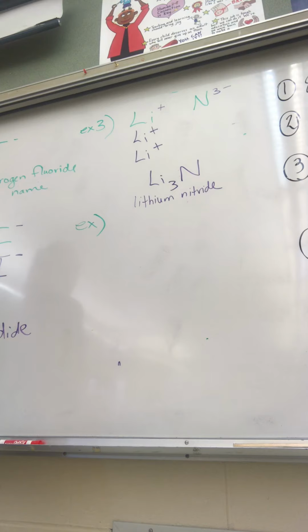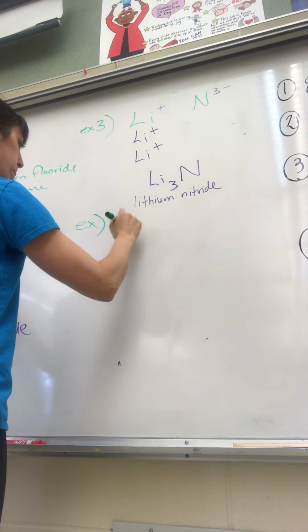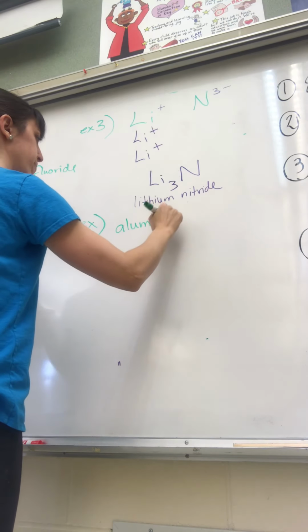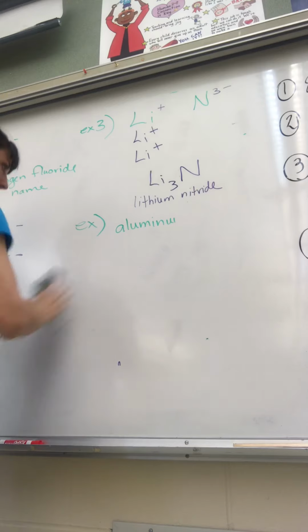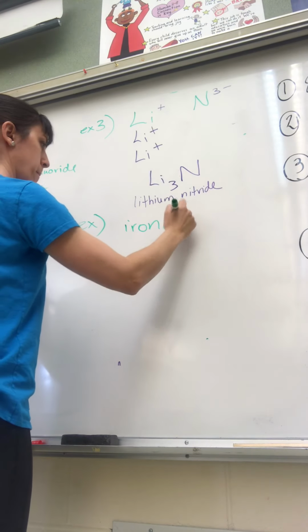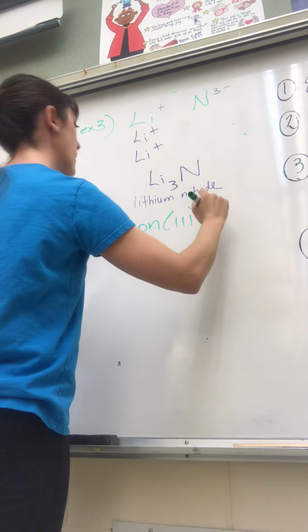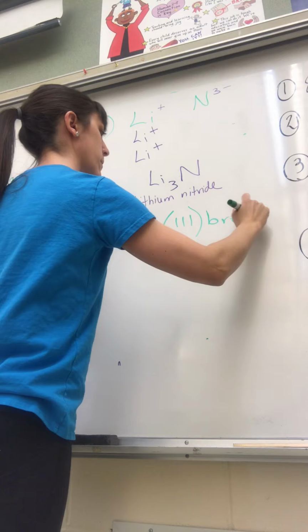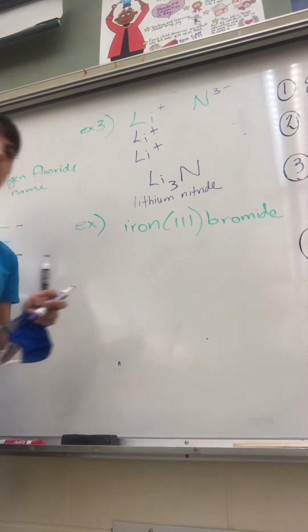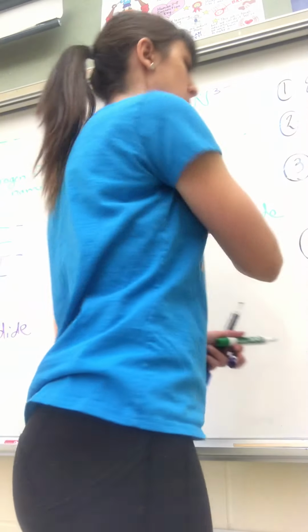I'm going to give you an example with words, and you put it into a formula. Let's put this one. Start by figuring out what the symbols are for iron and bromine.